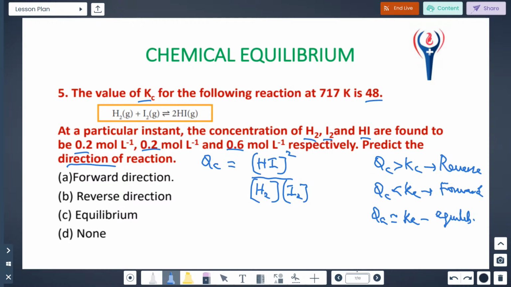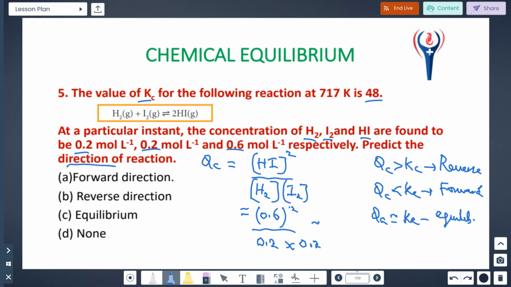What's the value now? Now I am going to substitute. The HI value is 0.6, so 0.6 the whole square. Correct or not? By H2, which is 0.2, into I2, that also is 0.2. Are you following?